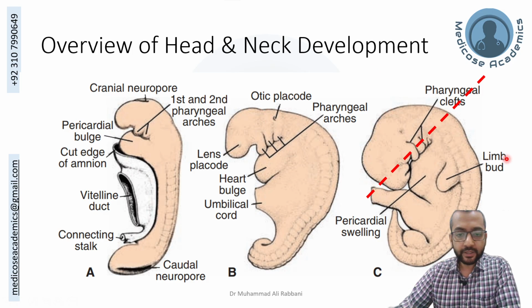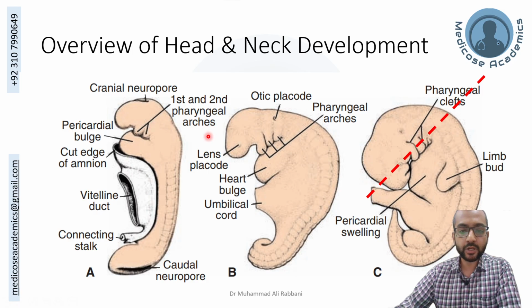One quick nugget from the development of head and neck that we will be encountering is the pharyngeal arches. As we have studied in the lecture on development of head and neck, there are pharyngeal arches that develop. There are five pharyngeal arches: 1, 2, 3, 4 and 6.